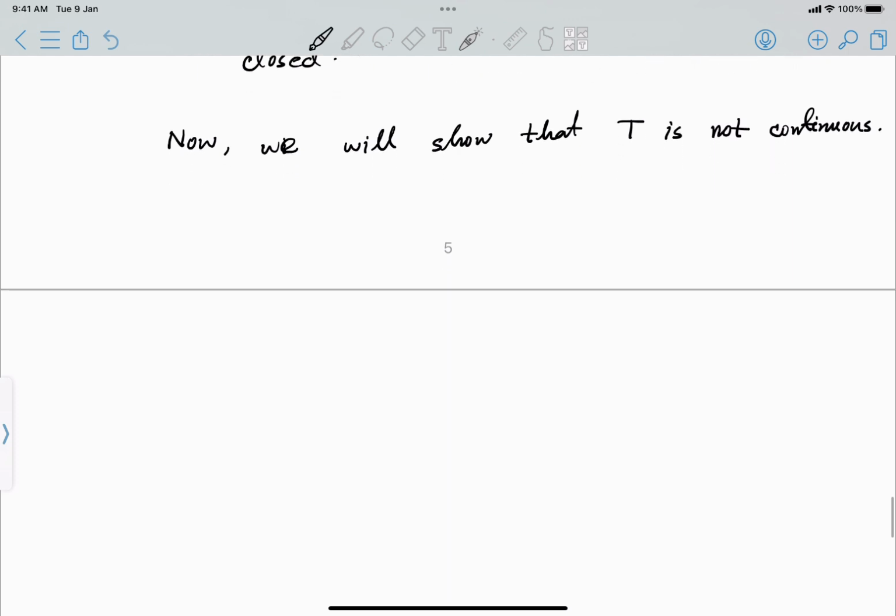Again we prove it by contradiction. Suppose T from Y to X is continuous. What is this saying?